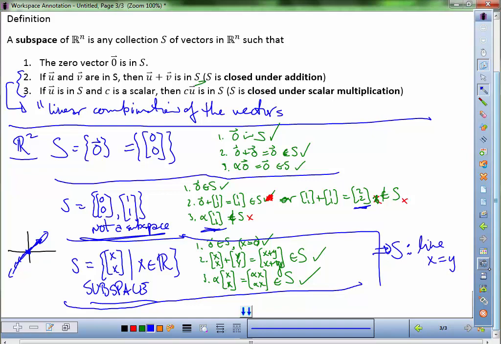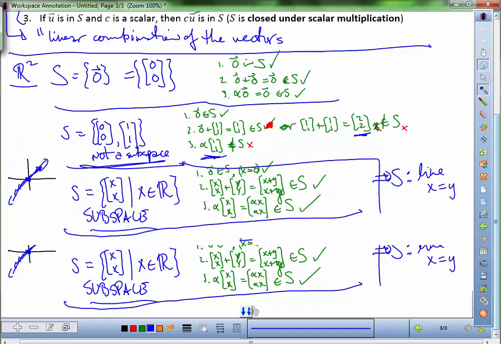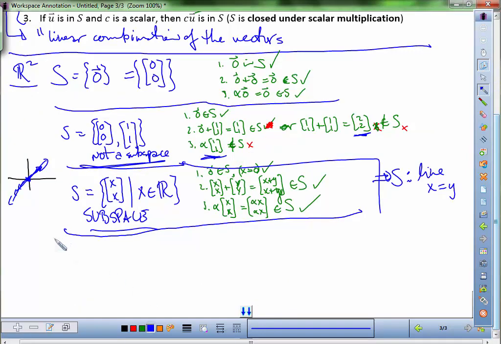Let's think of another one in R2. When I say S is a set, they say it's a set of vectors in here to account for infinitely many elements in that vector.